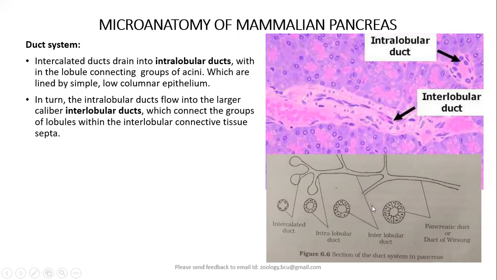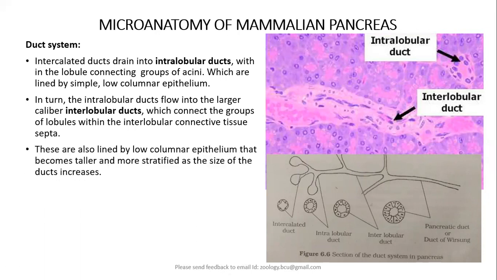These interlobular ducts connect groups of lobules within the interlobular connective tissue septa, as you see here. They run within the connective tissue septa. These are also lined by low columnar epithelium that becomes taller and more stratified as the size of the ducts increases.